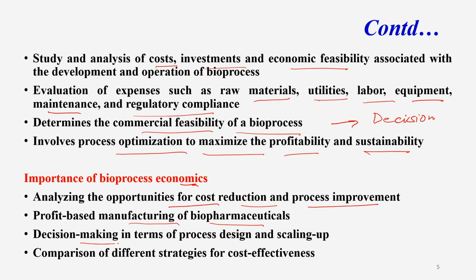It helps in decision making in terms of process design, scaling up, or even replacement of an existing or adding a new piece of equipment. And it compares the different strategies for cost effectiveness. So we can choose which is economically feasible and which one is environmentally feasible, and based on that a suitable decision needs to be taken. Now, you can understand the objective of bioprocess economics.